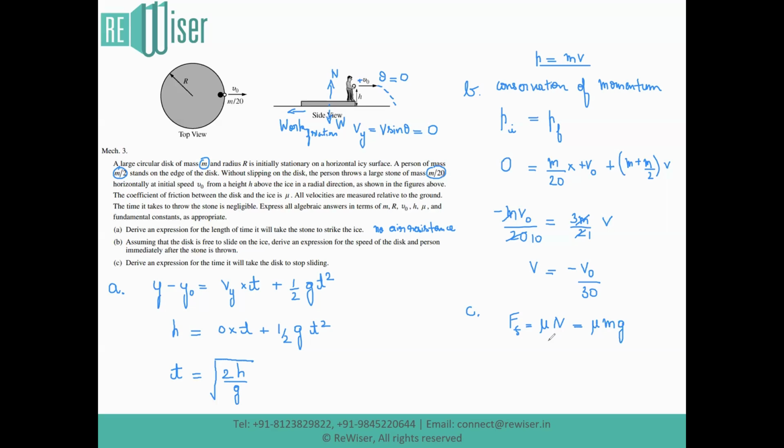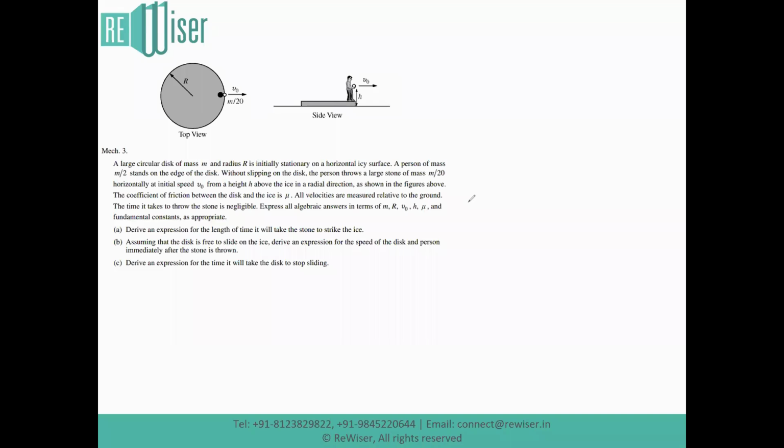Since work done is force into displacement, the work done against friction is equal to the frictional force mu mg into the displacement. Here we can find the work done against friction.